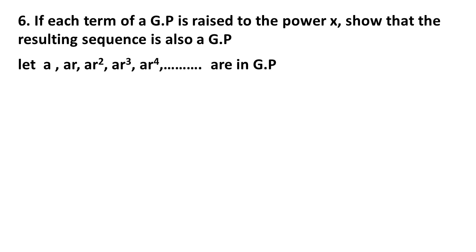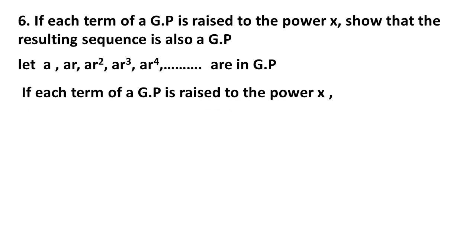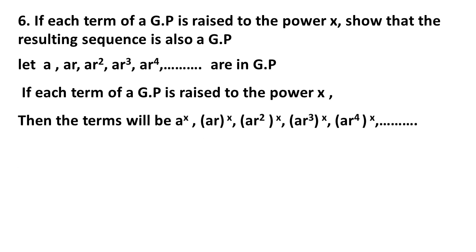As it is said in the question, if each of the terms is raised to the power x, then the new terms will be A to the power x, A into R whole to the power x, AR square whole to the power of x and so on. We need to prove that the new terms we have written raised to the power x are in GP.